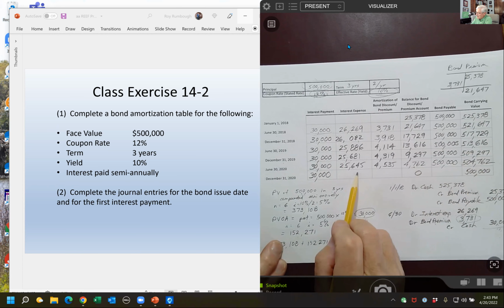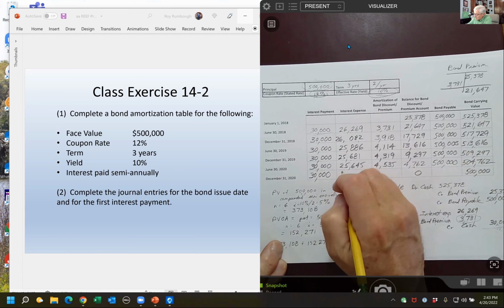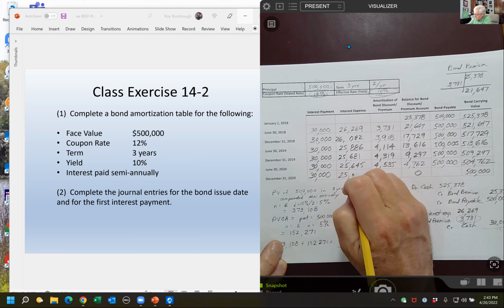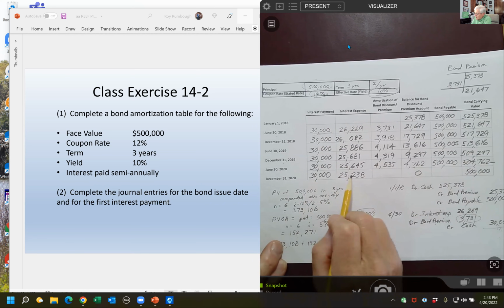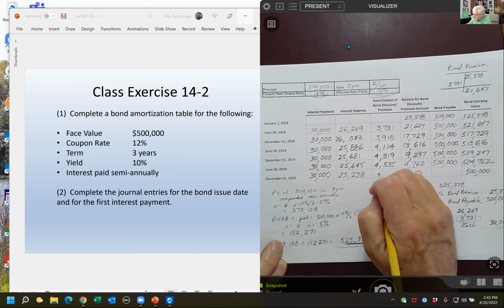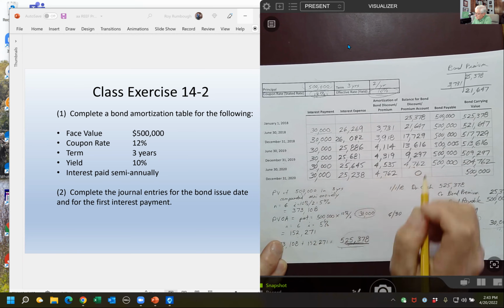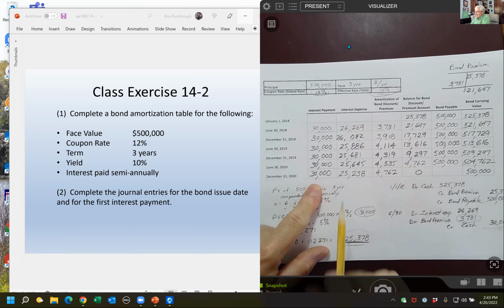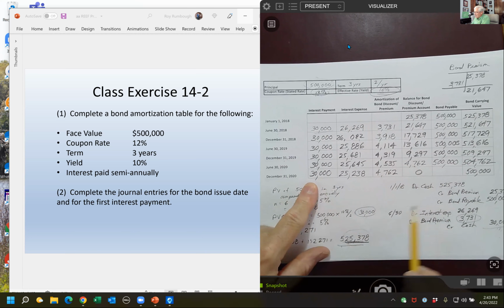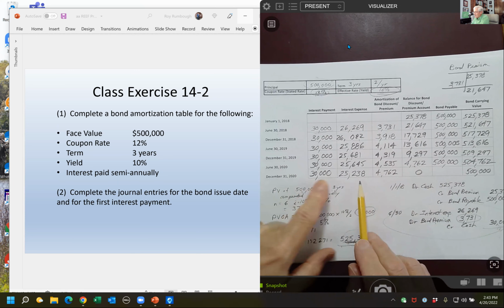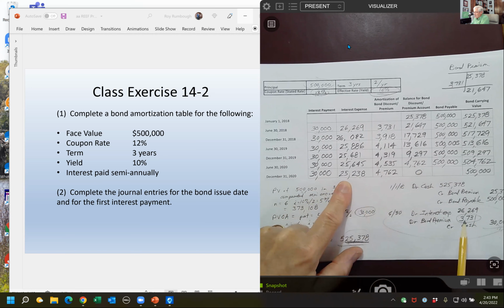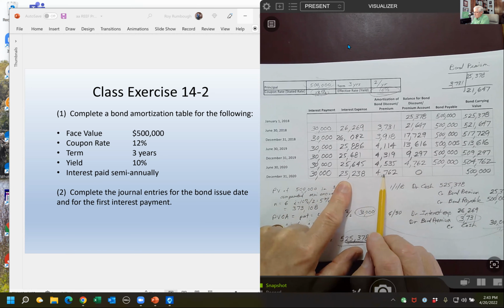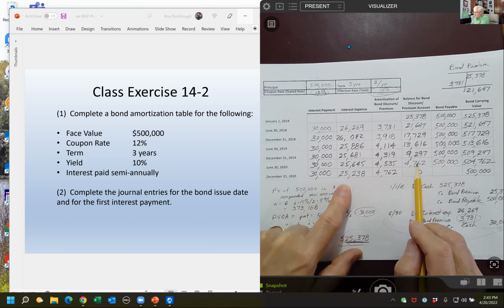All right, last one, 5% times 504,762, 25,238. 30,000 minus the 25,238 is 4,762. In other words, same entry here, different numbers: debiting interest expense at 12/31/20, 25,238, and debiting the bond premium 4,762. Look how this works out magically.